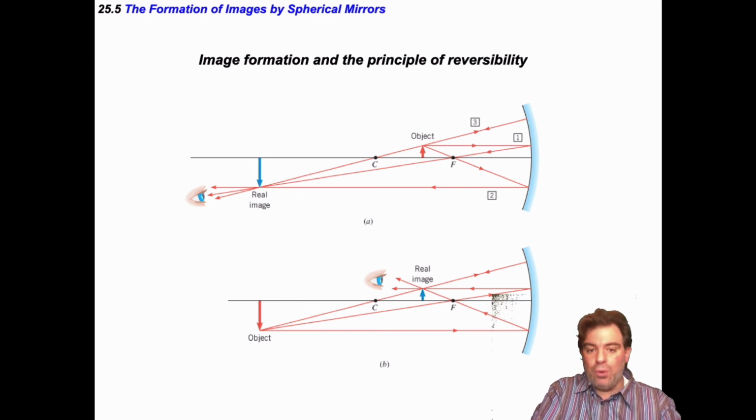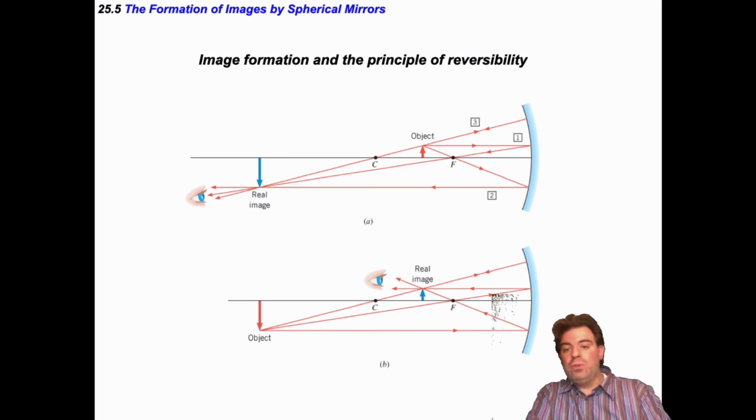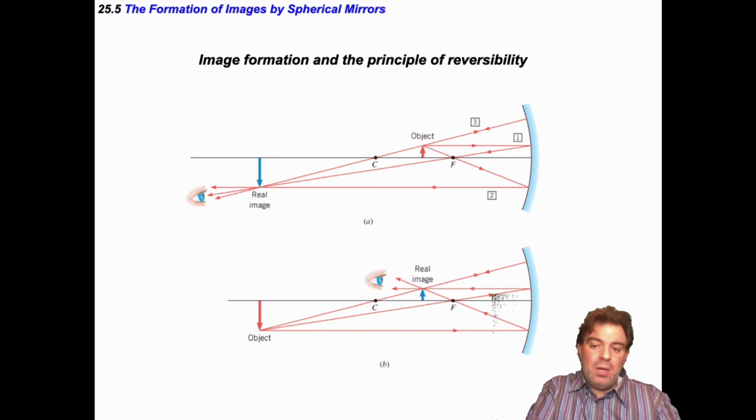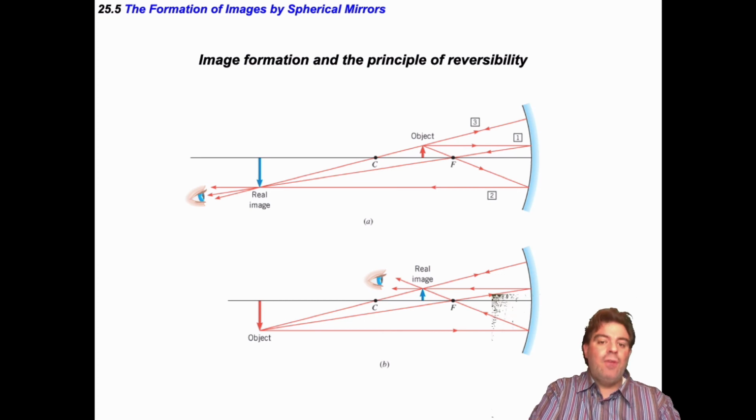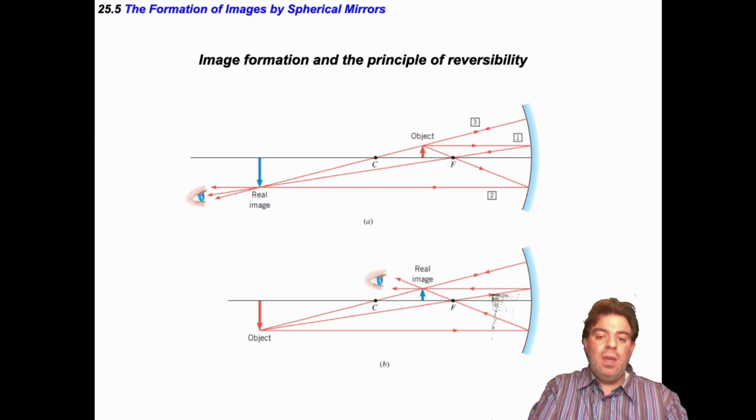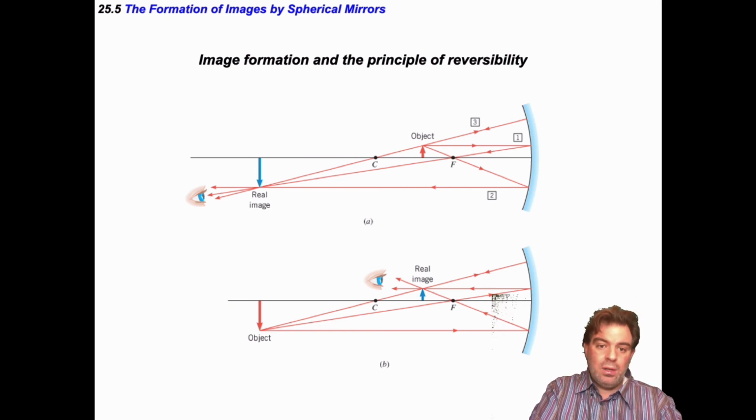It's going to be inverted, and it's always going to be enlarged. You have to know that when the image appears in front of the mirror, it's always going to be a real image. And in the case of a planar mirror we just discussed, if it appears on the other side, then it's going to be a virtual image. So once again, the first case: if the object is placed between the center and the focal point, the image that is formed is beyond the center, inverted, and enlarged.